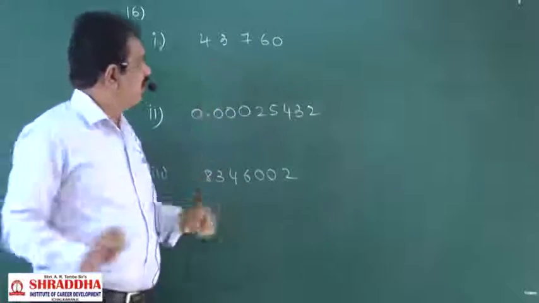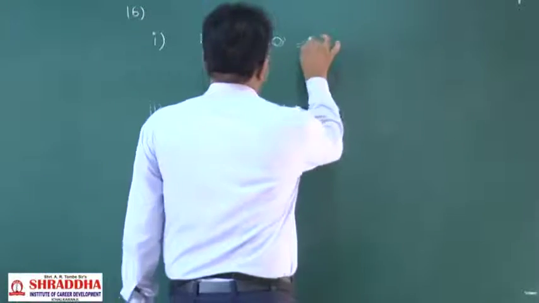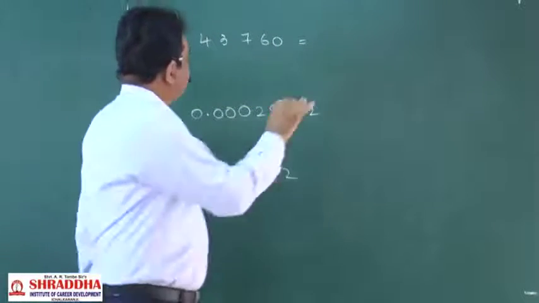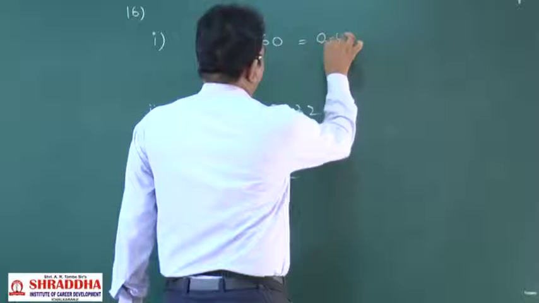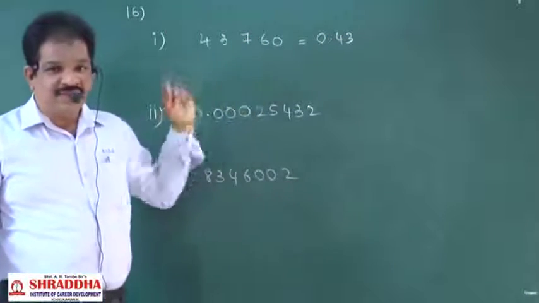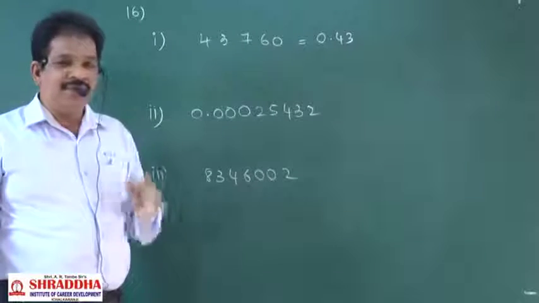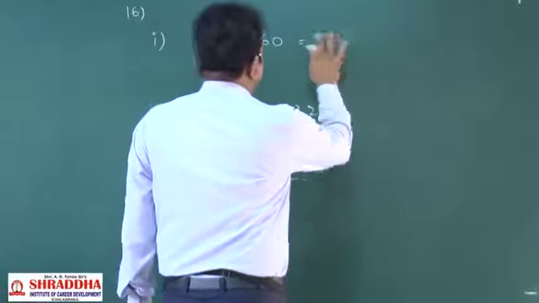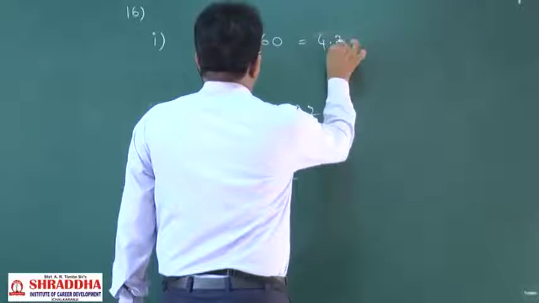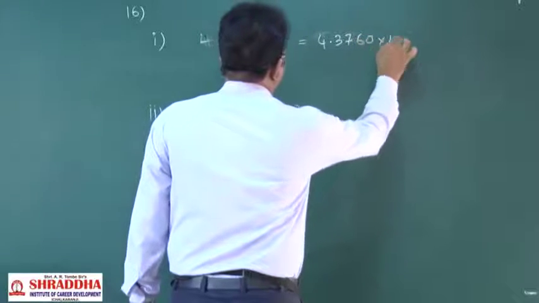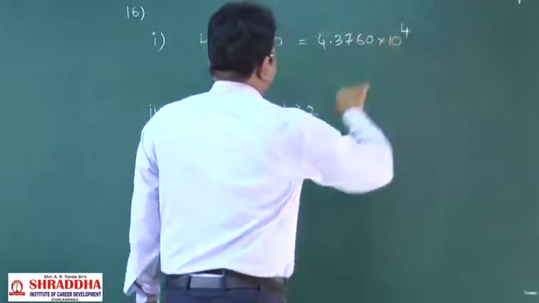So if I write 0.43760, this is less than 0.5, that is why I am writing it as 4.3760 into 10 power 4.